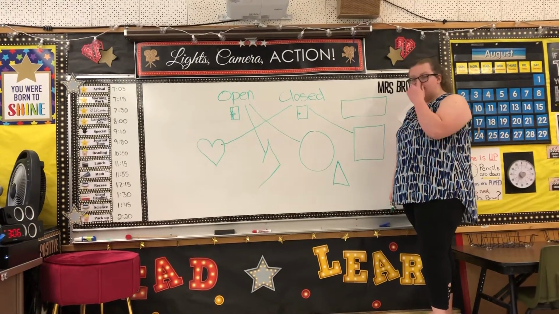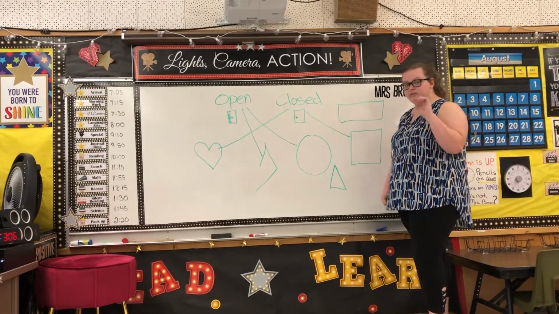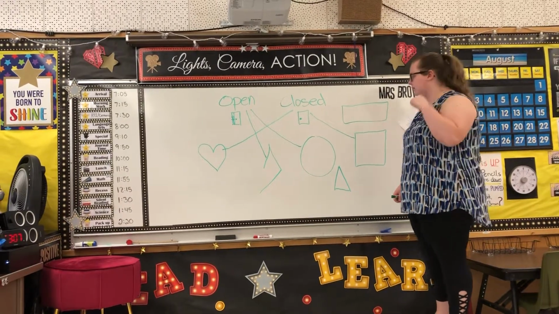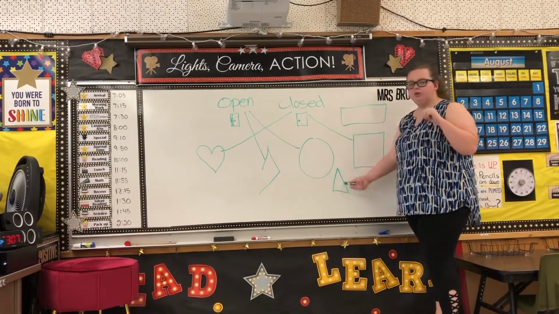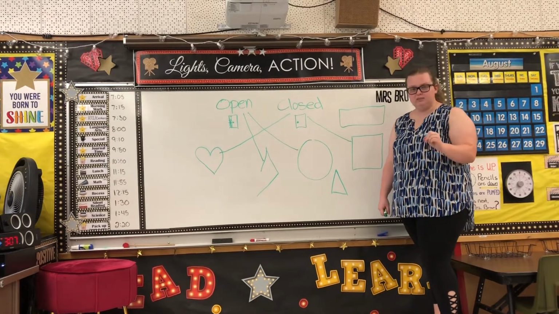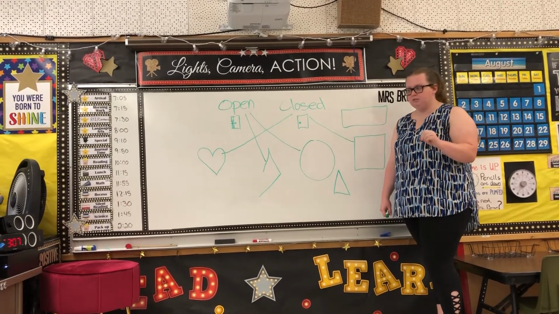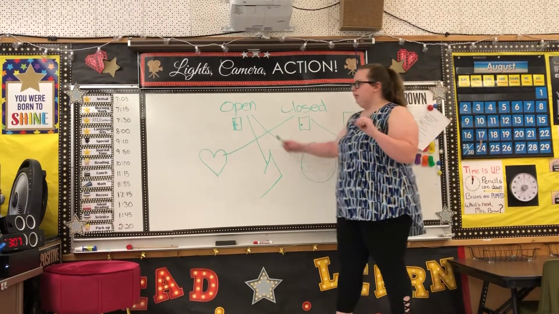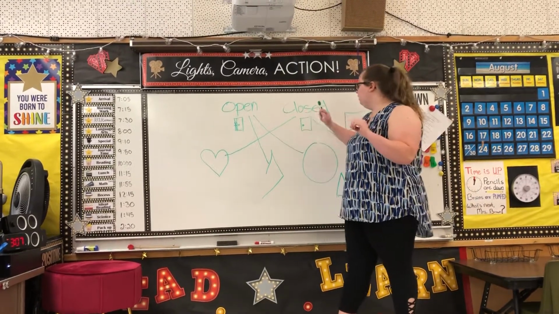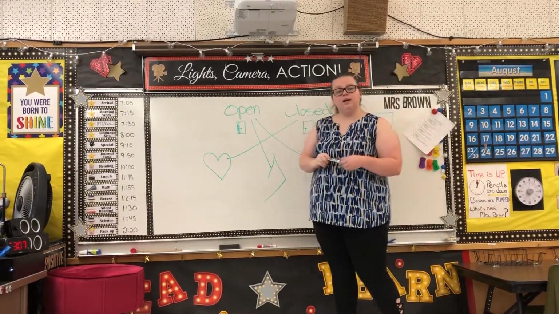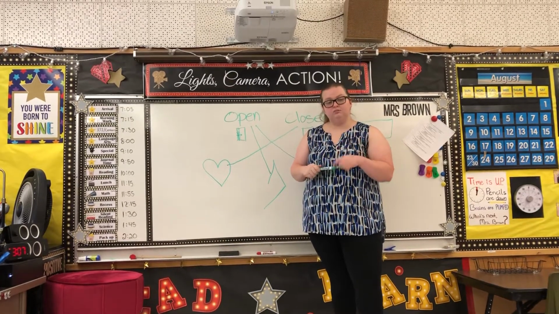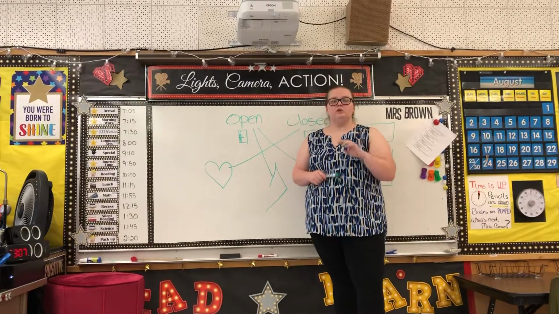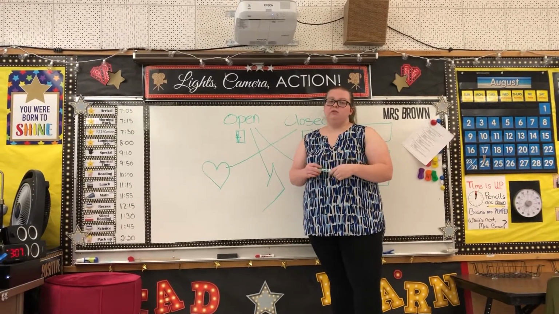However, we can also say that one defining attribute or one defining characteristic is that they are both closed shapes. So, we need to really work on knowing if a shape is open or closed. In your math assignment in Google Classroom, you will be able to start sorting shapes into open or closed for some practice.